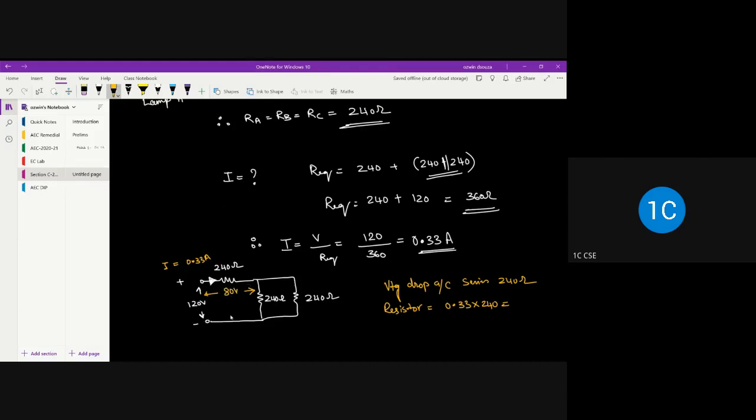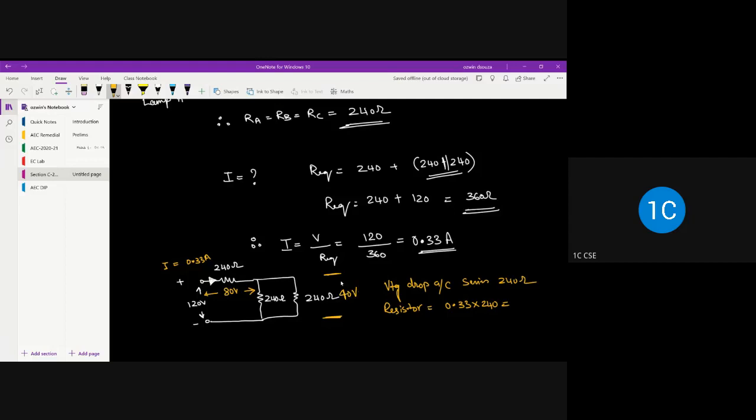The supplied voltage is 120. Out of 120, 80 volts is coming across the series resistor. And what about the remaining voltage? It is 40. So 40 volts will come across the parallel branch.